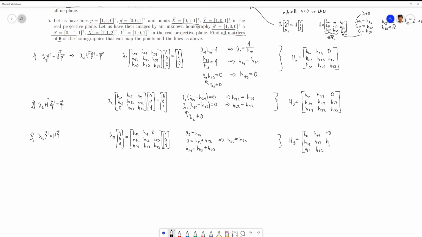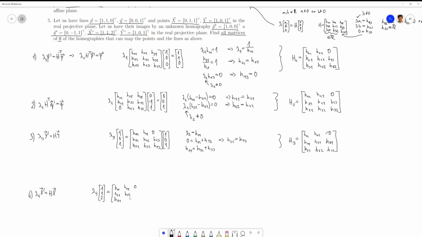The last constraint we will apply will be for the points x and x prime. So we know that lambda 4 times x prime equals H times x. If we assign values, we will have lambda 4 times the vector 1, 1, 2 equals H times the vector 0, 1, 1.